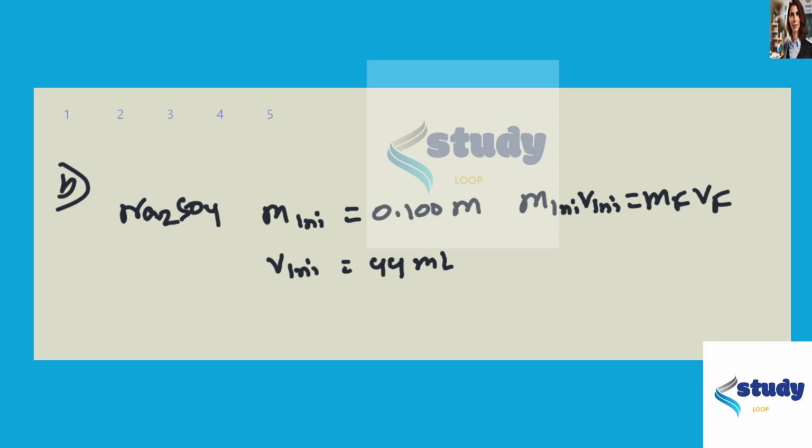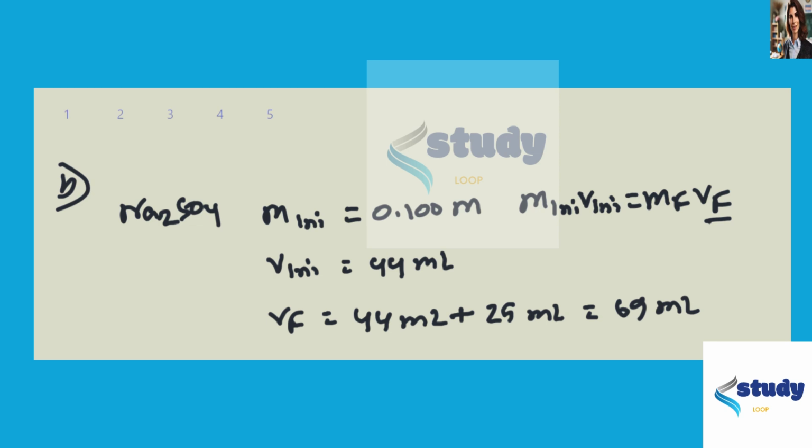The V final is the total volume, which is the volume of this Na2SO4 plus the volume of the KCl we are adding, that is 25 ml. So the total volume will be 69 ml.